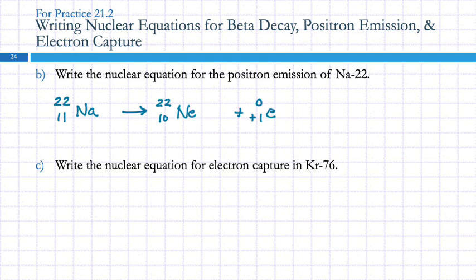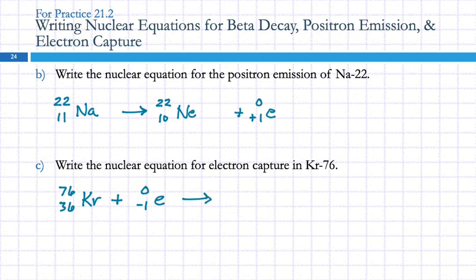Electron capture in krypton-76. Krypton is element 36. Electron capture. So here we've got an electron, but it's a reactant, not one of the products. This is being captured, not emitted.